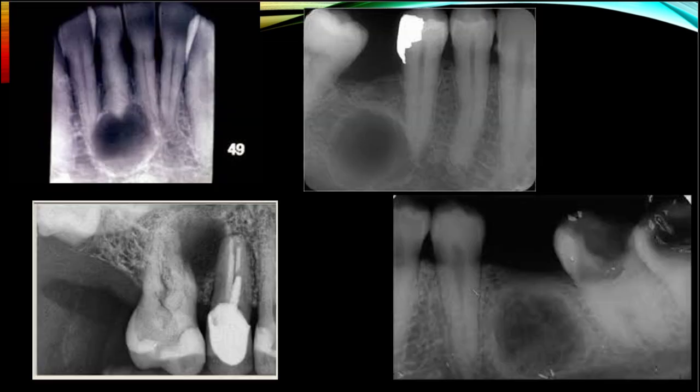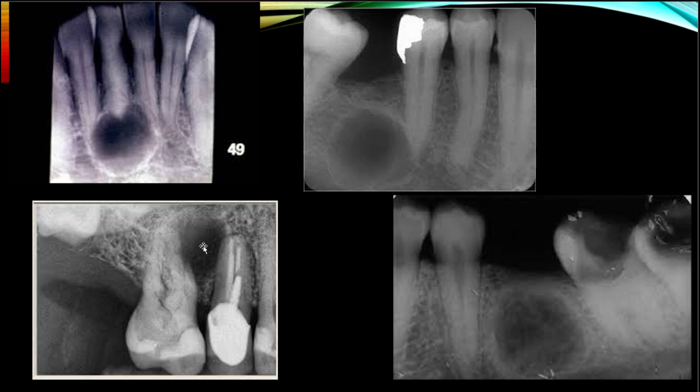Now, depending on the tooth structure itself, it decides the management. For example, in cases like these, we have root caries and the tooth is non-restorable, we go for extraction with enucleation. With loss of bone support, extraction and enucleation. Here, we'd go for endo treatment. Here, enucleation alone.